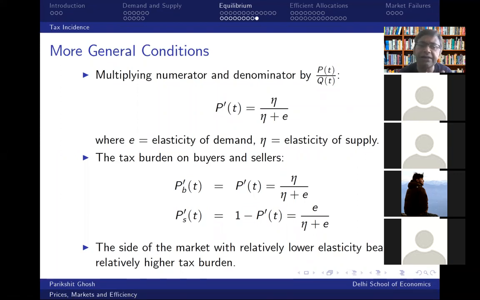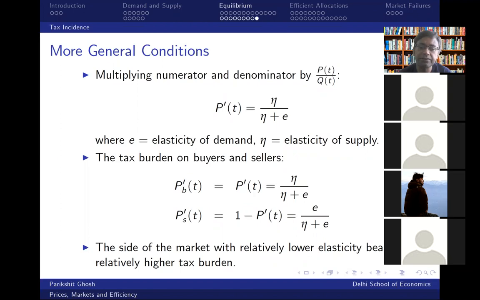Buyers are not directly taxed. If the sales tax is raised, as a buyer, initially I don't care. It's the seller who's going to pay that extra tax. I care only to the extent that this will cause a rise in the market price. Maybe the sellers will raise the price, and then my question becomes, how much will they raise the price? That's the only thing I care about as a buyer, and that's why I'm totally focused on this P prime of T.